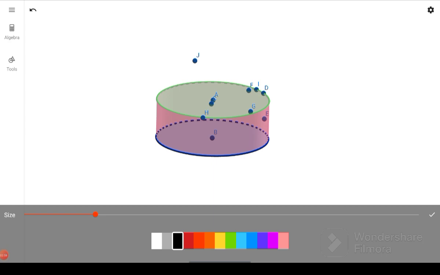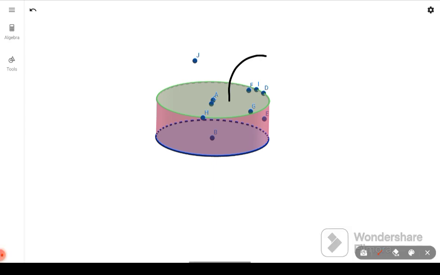See, this is a circular face, so area will be pi r square, and this will also be pi r square, right?